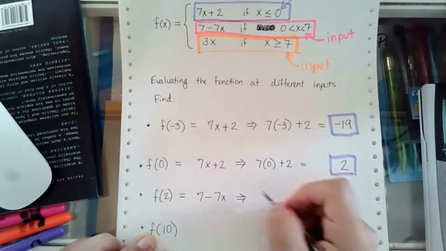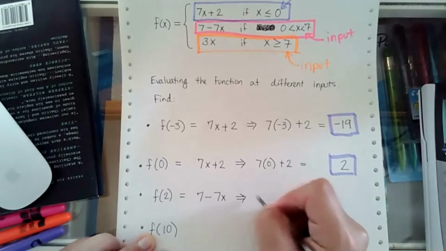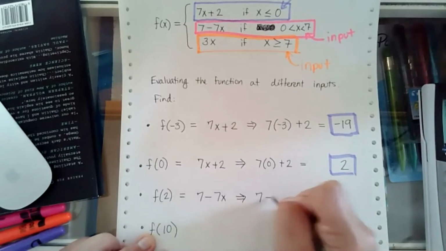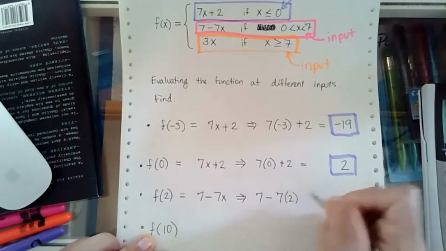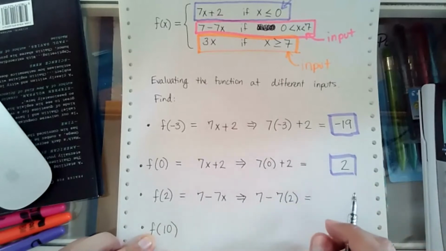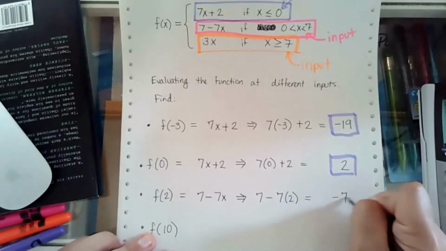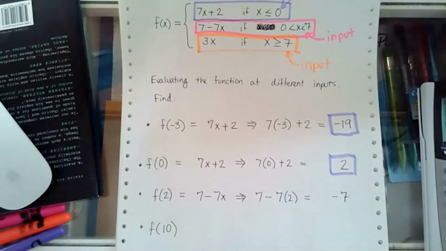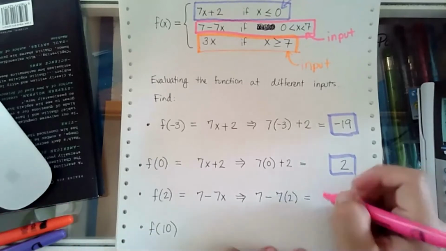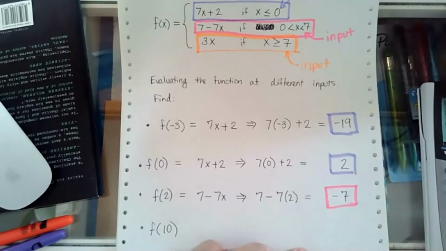And then I can go ahead and evaluate this at x equals 2. So 7 minus 7 times 2, which is going to be, is it negative 7? Yeah, negative 7 there. Since that second song is color-coded pink, I'll box that in pink.